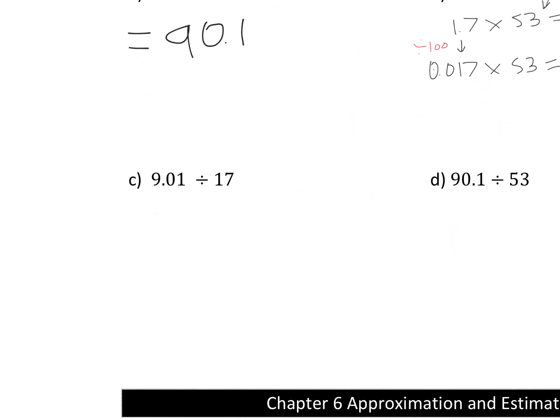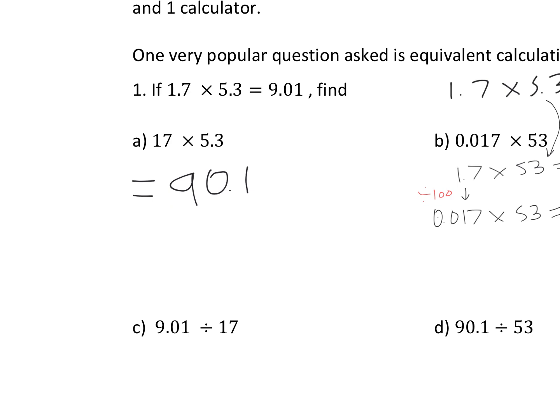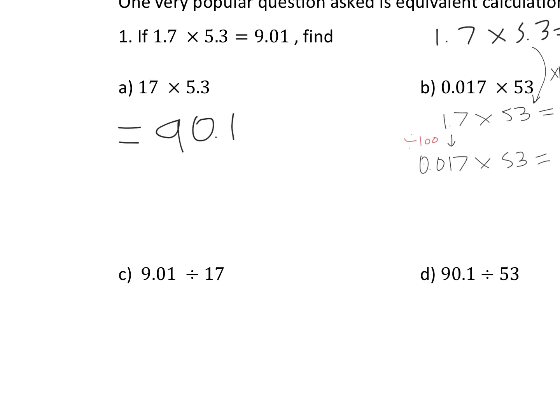Now, the next one's division, and there's similarities here. What we need to do is rewrite this as a division so it's got similarities to this one. So if I rewrite this as a division, I could write 9.01 divided by, here we're dividing by the 17, so if we're wanting to write a division, we'd want to divide by the 1.7.